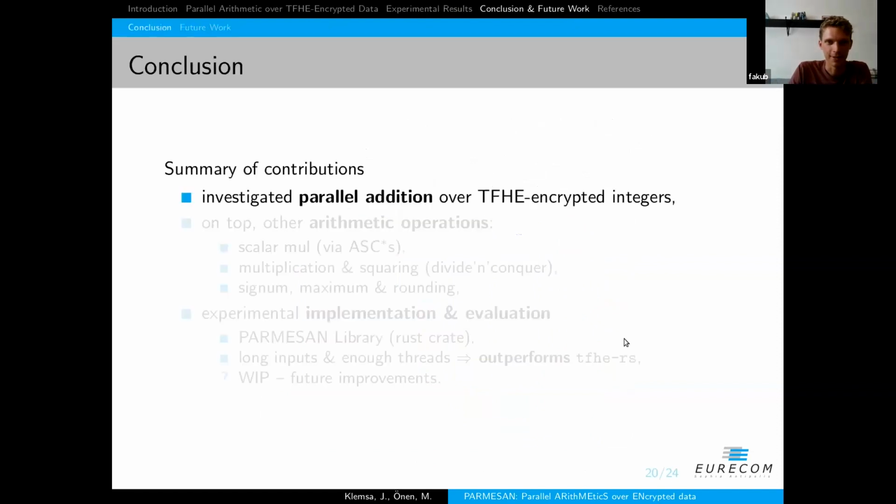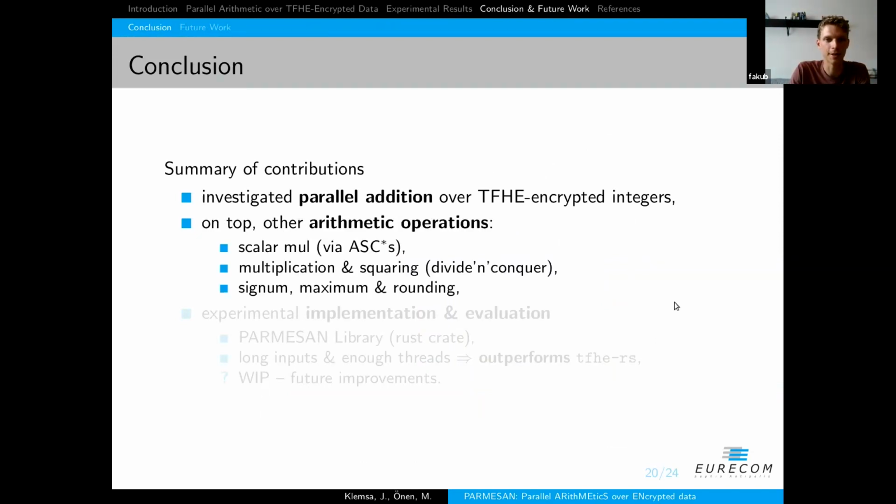All right. That's it. Let me conclude my talk. This is the summary of contributions. We investigated parallel addition over TFHE encrypted integers. And on top of parallel addition, we built other arithmetic operations, namely scalar multiplication, for which we defined the specific free doubling addition-subtraction chains.